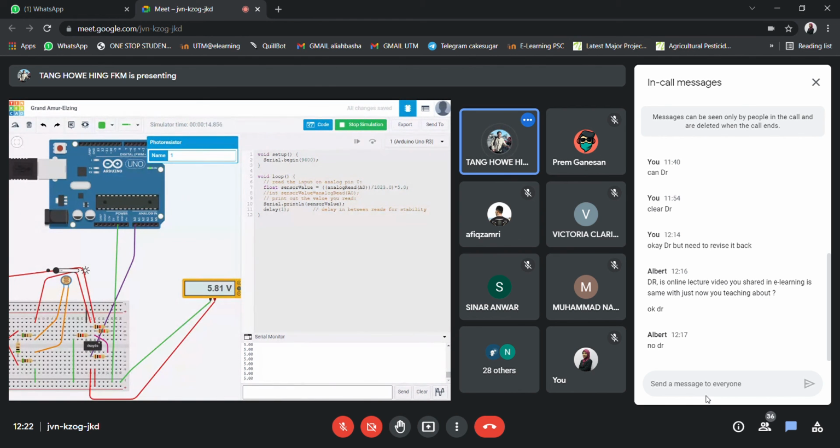So make sure that the input at this A0, the analog input of this Arduino Uno, is always kept within 5 volt. Don't get more than 5 volt. More than 5 volt may complicate things. Okay.